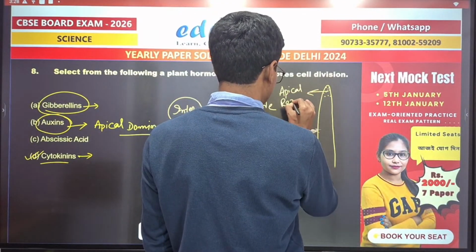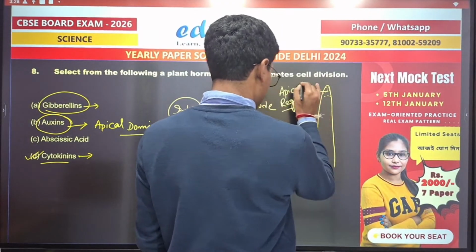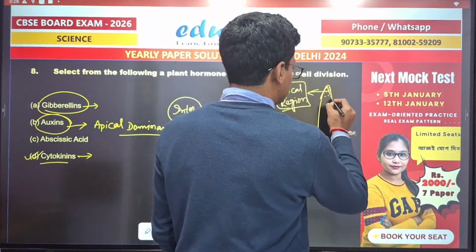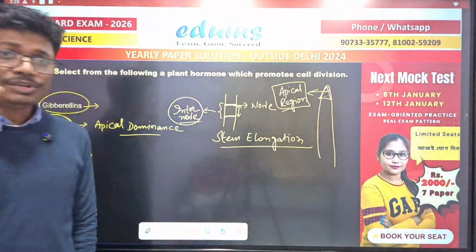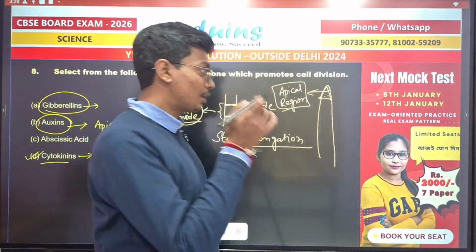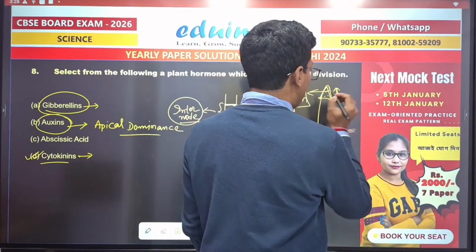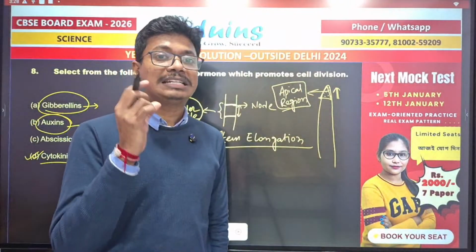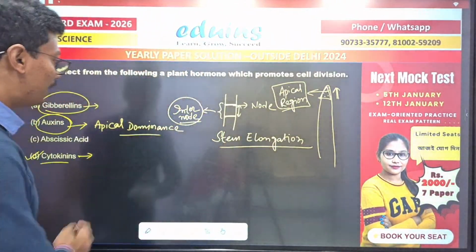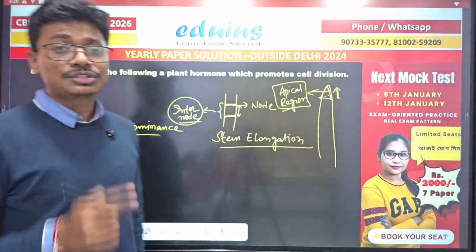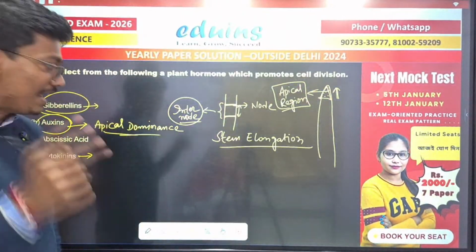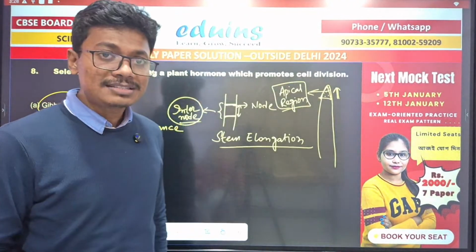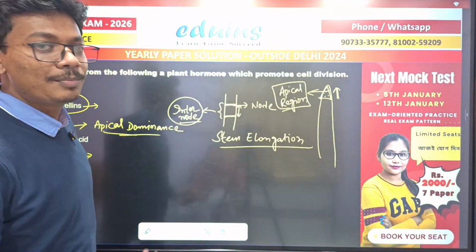In this apical region, mainly auxin is present. So it promotes the growth of the apical or apex region, that means it helps to grow the tip region only. That's why this is called apical dominance. The main function of auxin is to promote the growth of the apex region of the plant.